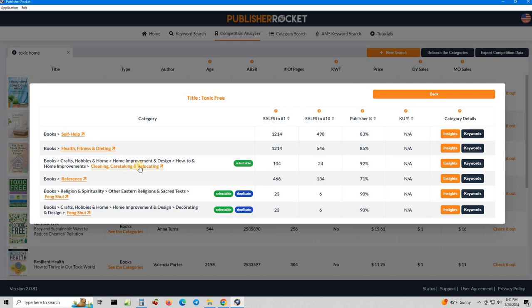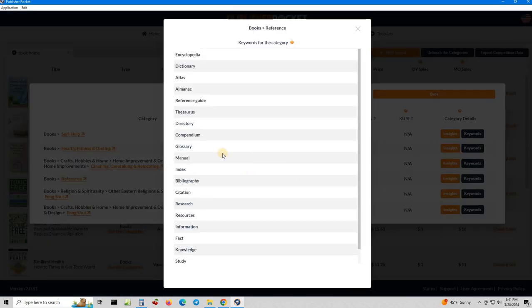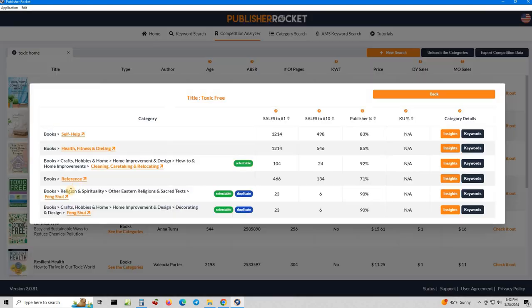This one might be a good one. Low competition. Well, no. Actually, it's pretty high competition. Reference books. That's interesting. That might be a good one. But these are really general. Very general. I don't know. There's got to be better ones.